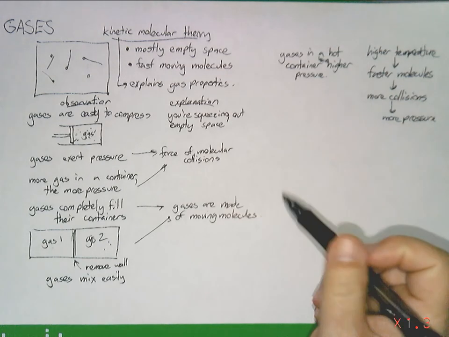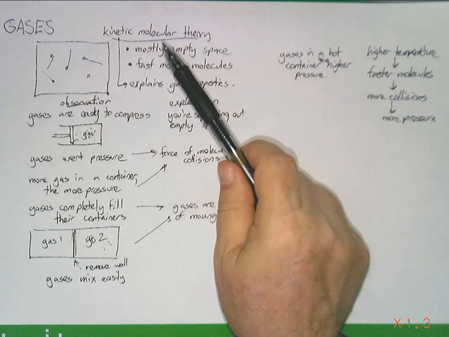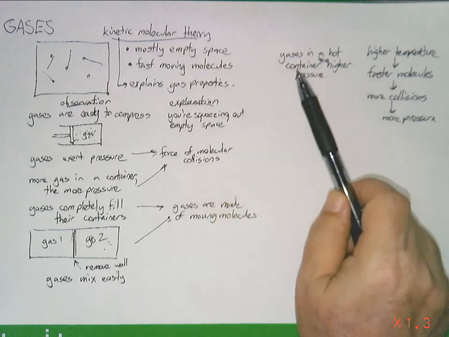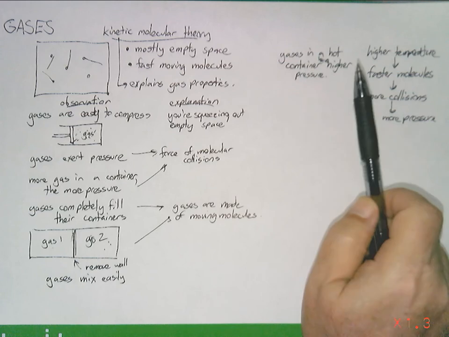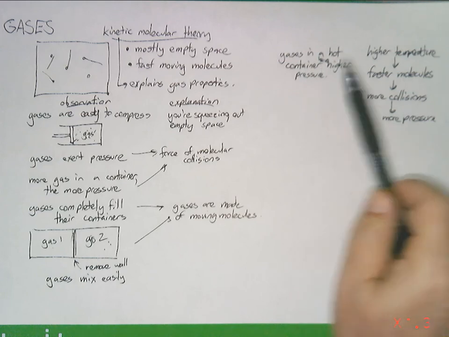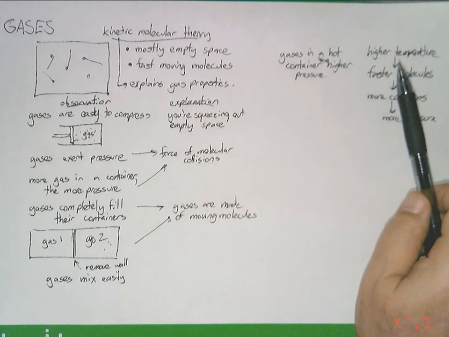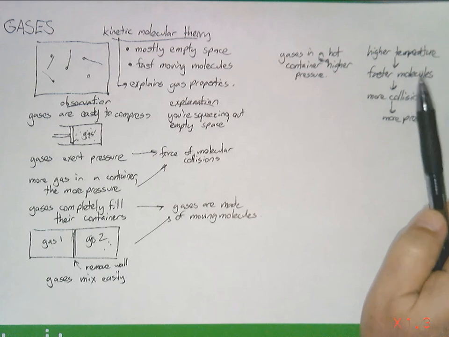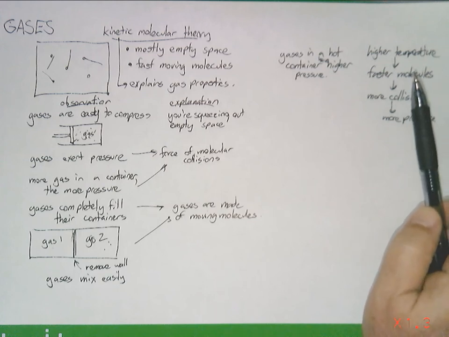Now, this kinetic molecular theory is actually a mathematical model. You can do some math with it, and you can figure out exactly how temperature and pressure are related. And you can also relate the average molecular speed with the temperature fairly easily with this kinetic molecular theory.